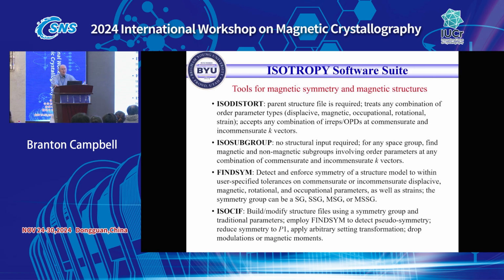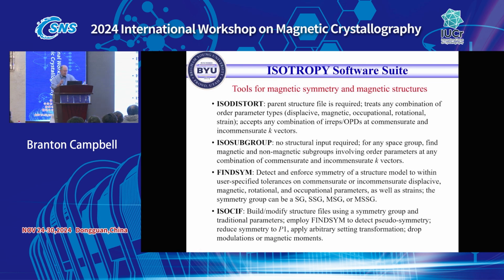You can also take large models, like from a reverse Monte Carlo run, where you have a big box model, and it will detect the translations in the big box model and find the lattice of translations, and then complete the symmetry detection. After it detects the true symmetry, it enforces it, and then you can export the symmetrized structure.